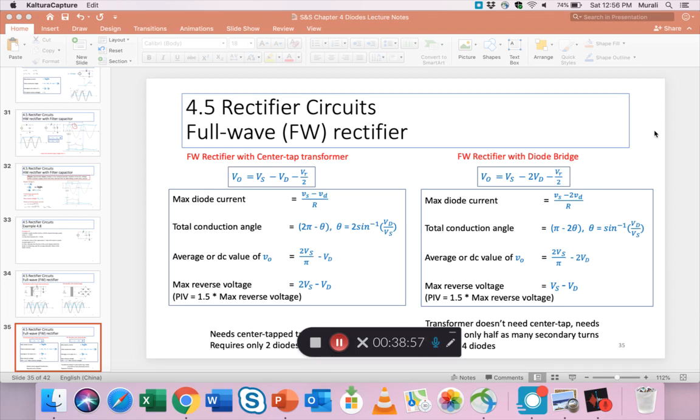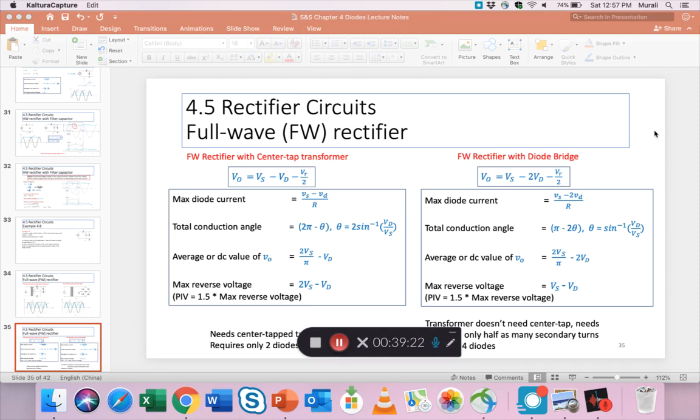In such processes where you need very high amperage DC currents to run huge factories, you may be better off using, because diodes can be very expensive there, the transformers can be cheaper, and so the rectifiers tend to be half wave or even full wave with center tap in those cases. Okay, so that's some general information.